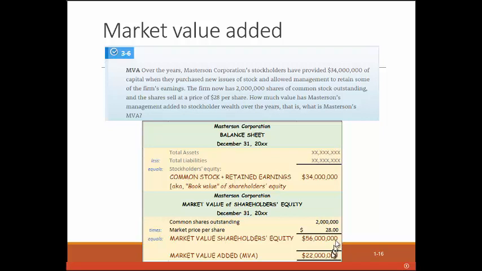Compare that to the $34 million that represents the cost of the owner's equity, 56 minus 34, that gives you market value added of $22 million. So, in answer to the question, how much has management added to the value of the assets that were purchased by Masterson Company? The answer is $22 million.